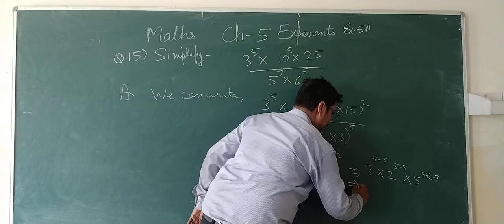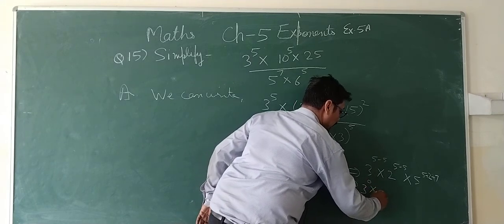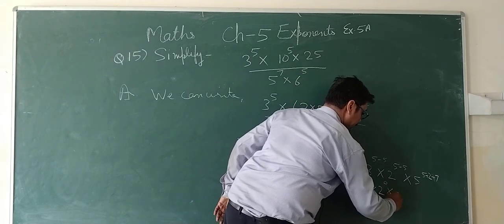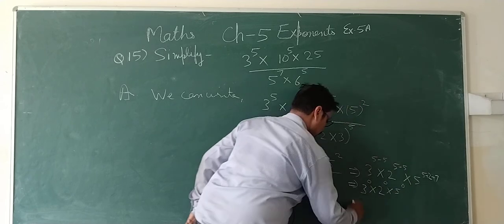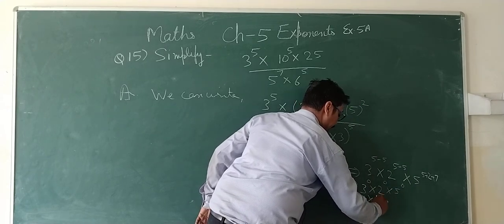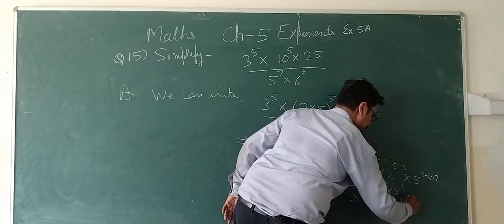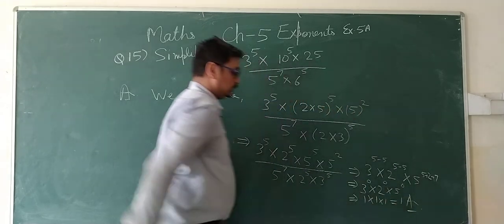So now it becomes 3^0 × 2^0 × 5^0. It becomes 1 × 1 × 1. It is 1. This is the answer.